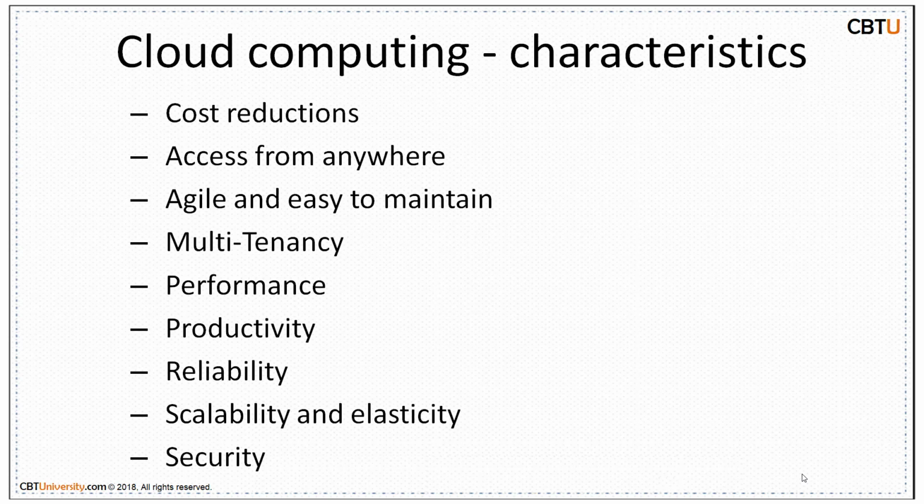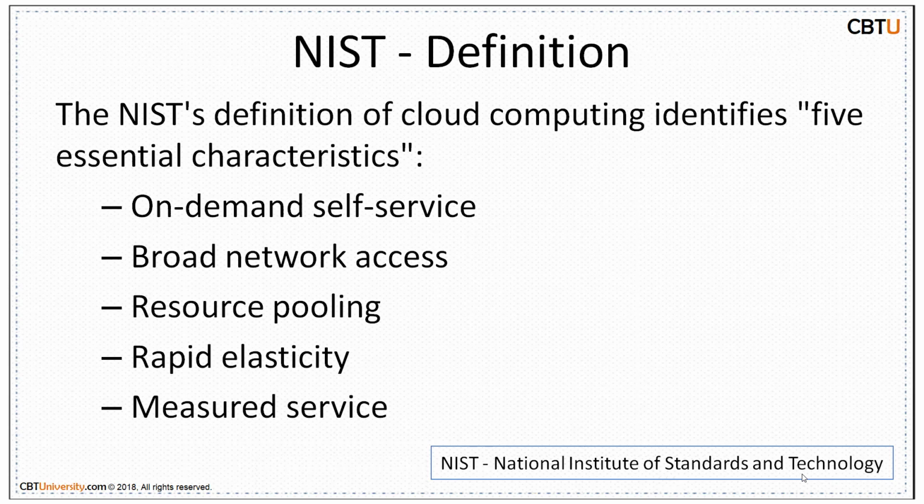make cloud more secure. The National Institute of Standards and Technology (NIST) definition of cloud computing identifies five essential characteristics. They are on-demand self-service, which is automatic provisioning capabilities. Broad network access, the capability to access from thin or thick client platforms like mobile phones, tablets, laptops, and workstations.